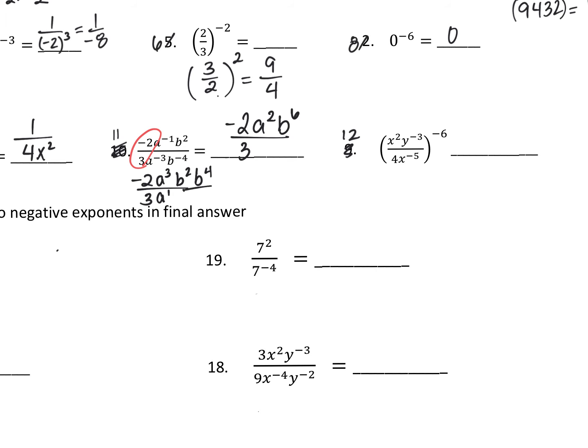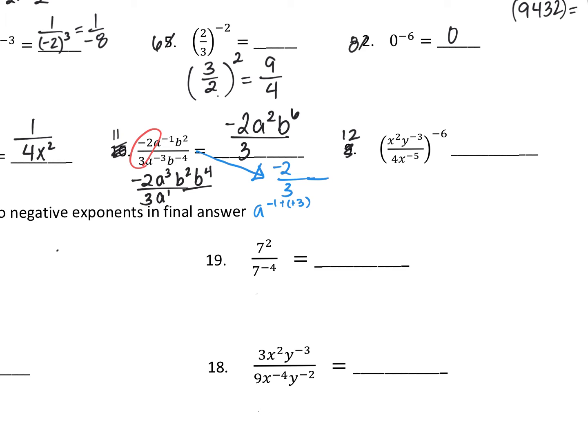Okay, so the alternate way, show you I get the same answer. I start with my negative 2/3 and I subtract my exponents. So on the a, I have negative 1 minus negative 3. What's negative 1 minus negative 3?